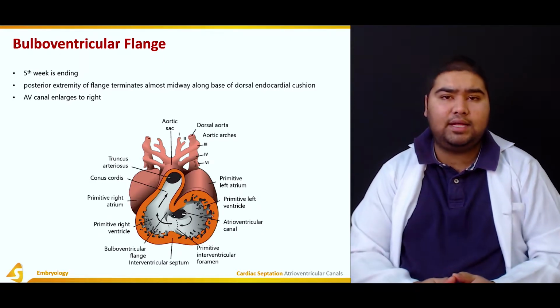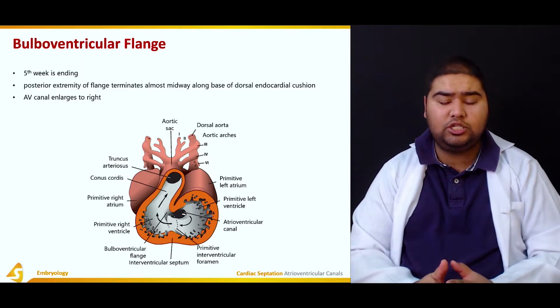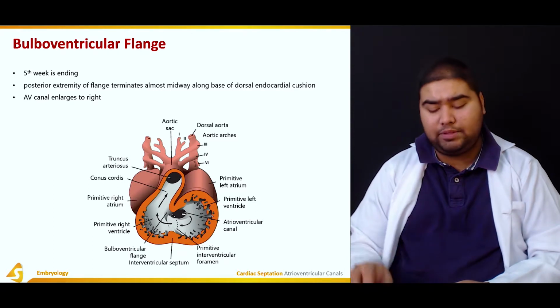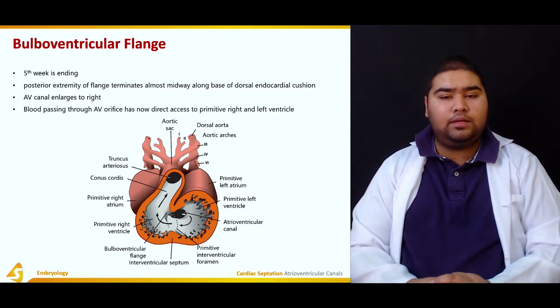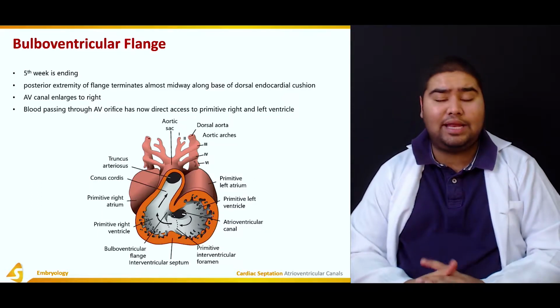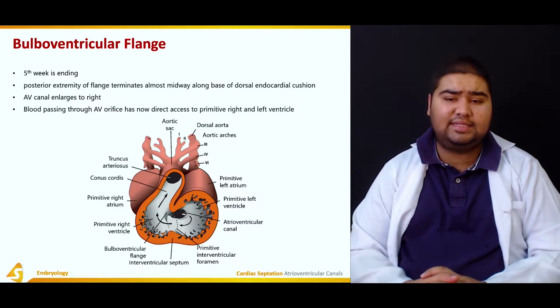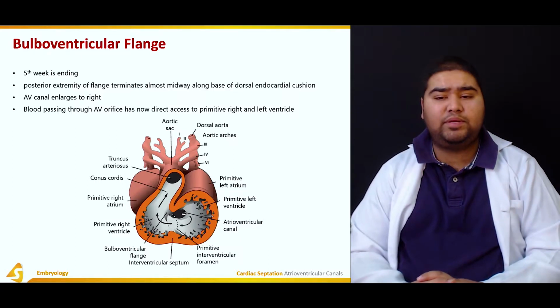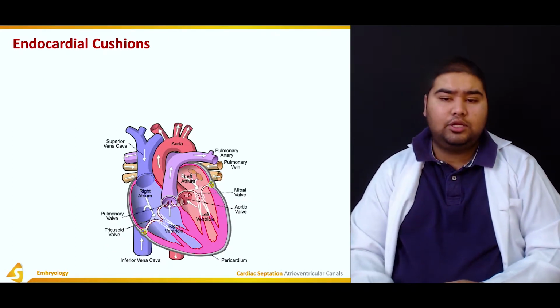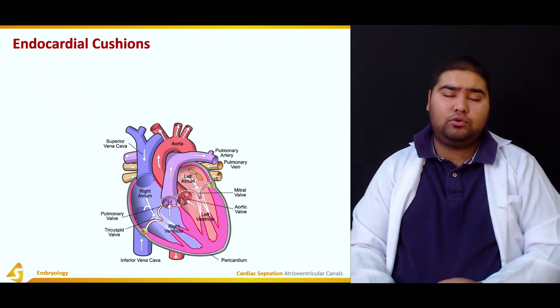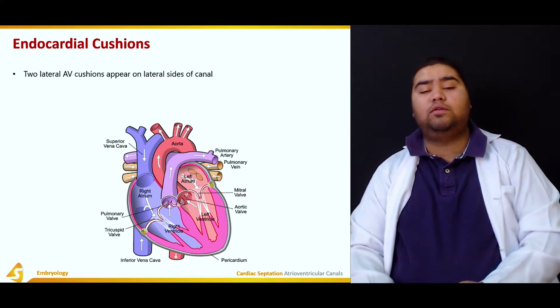Now the AV canals begin to enlarge, mainly to the right. Blood passing through the AV orifice now has direct access to the primitive right and primitive left ventricles. Now let's see what the role of endocardial cushions is in all of this.